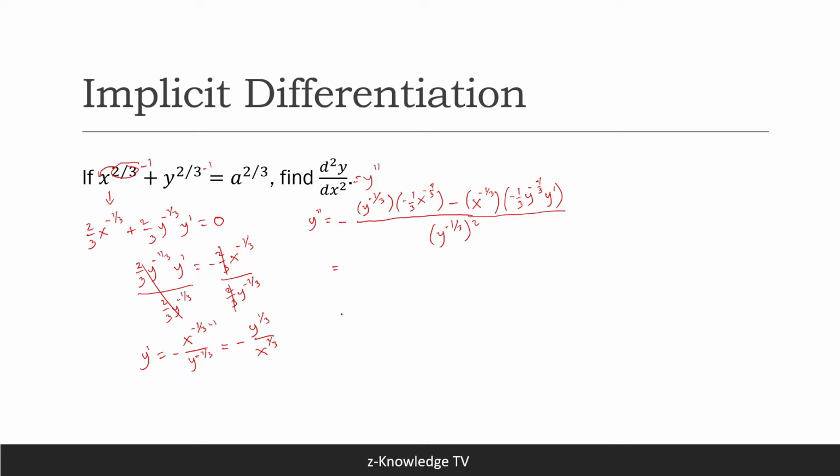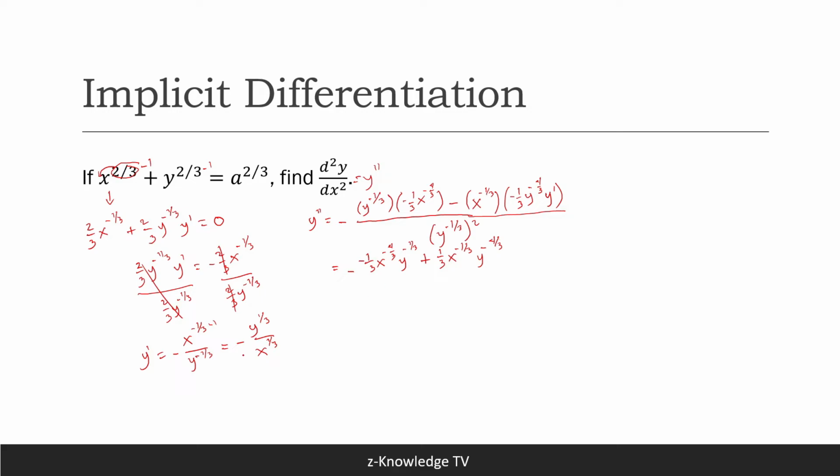So, si y prime, palitan natin ito. Okay? So, matitira, ang mangyari is negative 1/3 x raised to negative 4/3 y raised to negative 1/3 minus, pero nakamultiply siya ng negative 1/3, so magiging plus na yan. Tama? So plus 1/3 x raised to negative 1/3 y raised to negative 4/3.